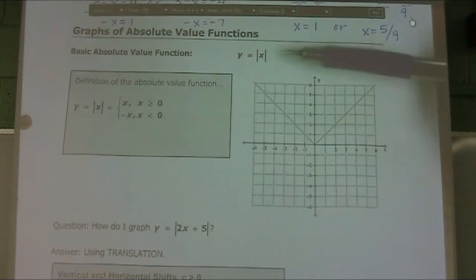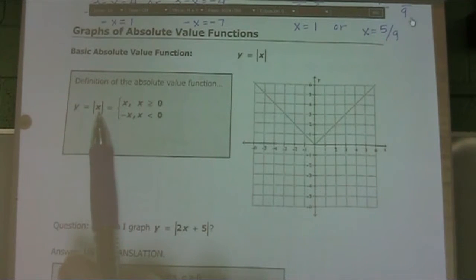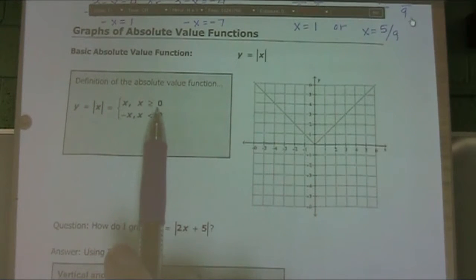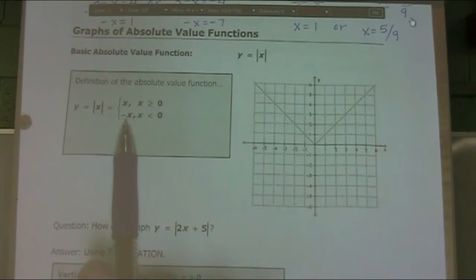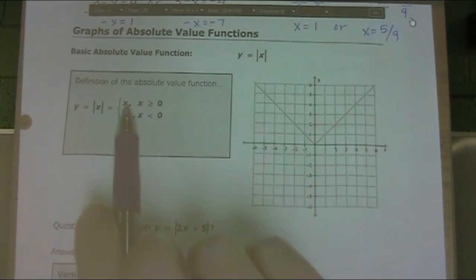And really what it means is, and this is something we call a piecewise function because it comes in pieces, is that the absolute value of x is x if x is positive, so if x is greater than or equal to 0, and it's negative x if x is less than 0. And so the absolute value of, let's say, 3 is 3.